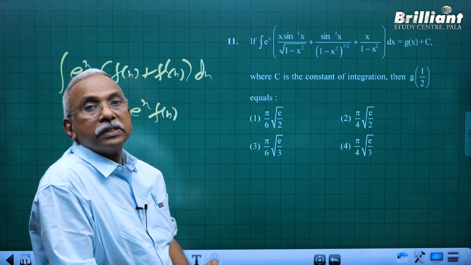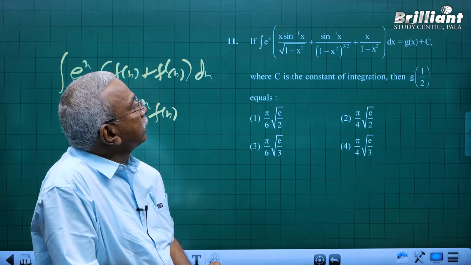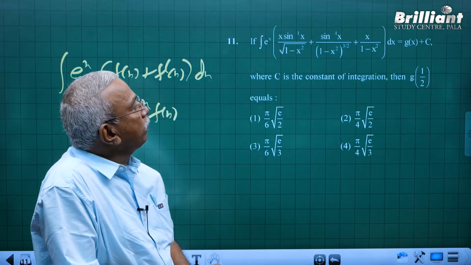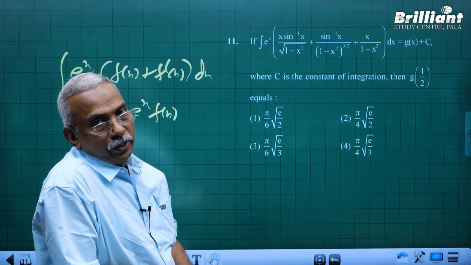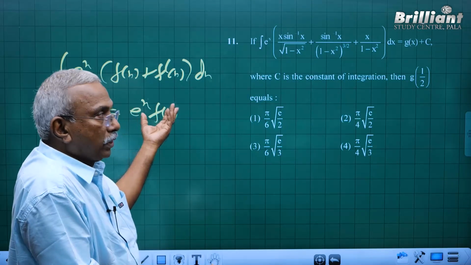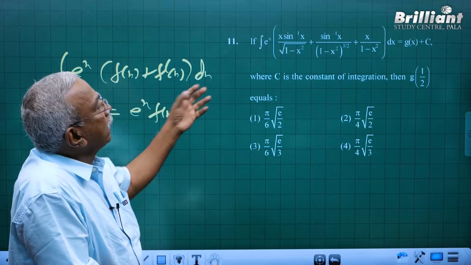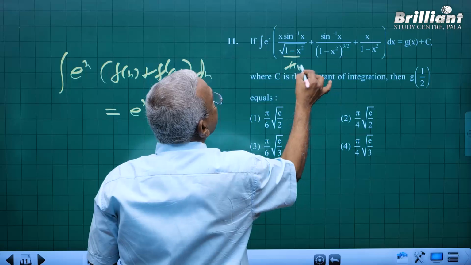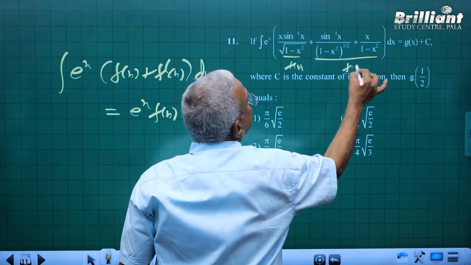One is x sin inverse x divided by root 1 minus x square plus sin inverse x divided by 1 minus x square, and 3 by 2 plus x by 1 minus x square. Then you automatically think about them. This is actually, sometimes it may work. For that you keep this as f of x, and check if this all becomes f dash x or not.